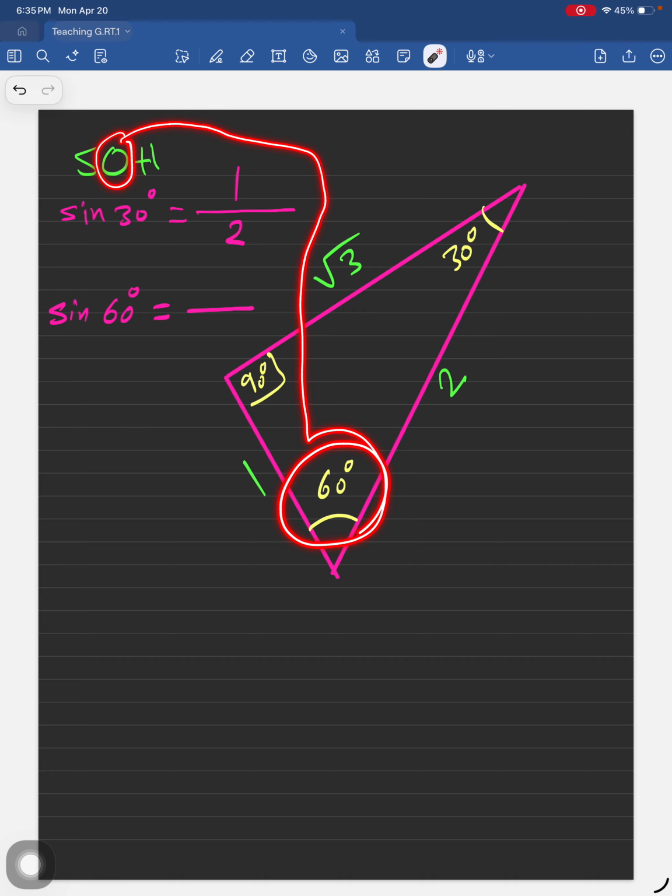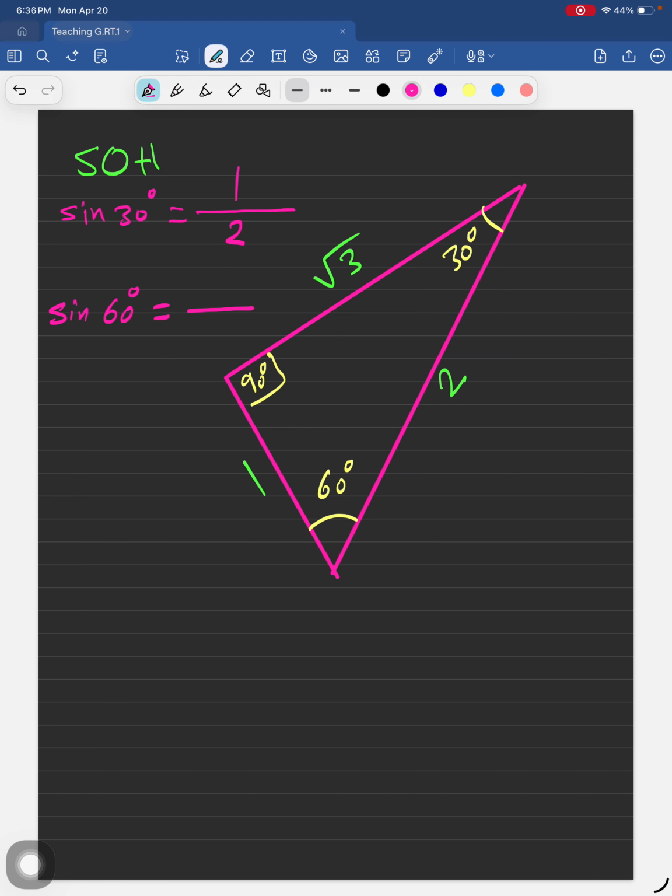Here is the 60 degrees, and the opposite side for the 60 degrees is the square root of 3. So you need to take the square root of 3 here in the numerator and write it down here, like this, square root of 3.